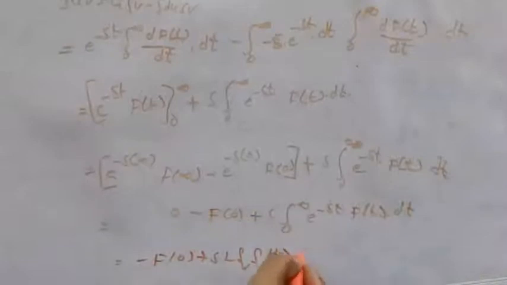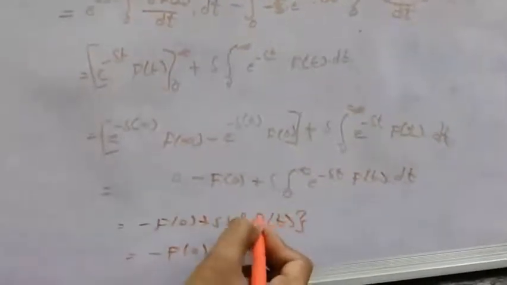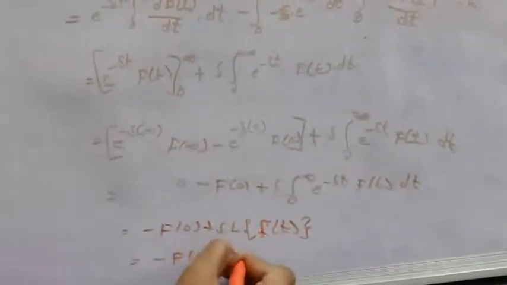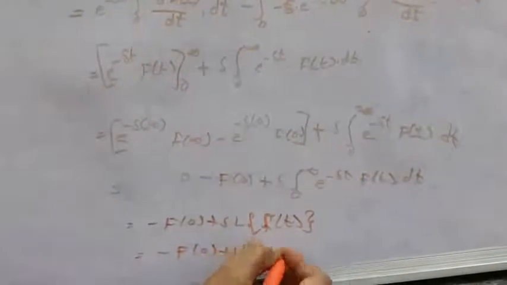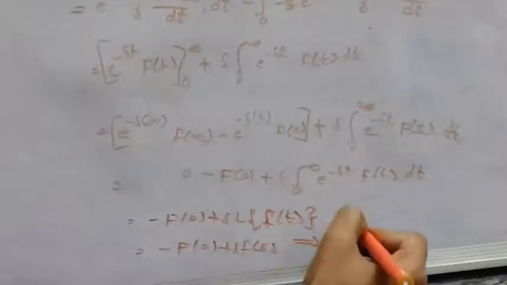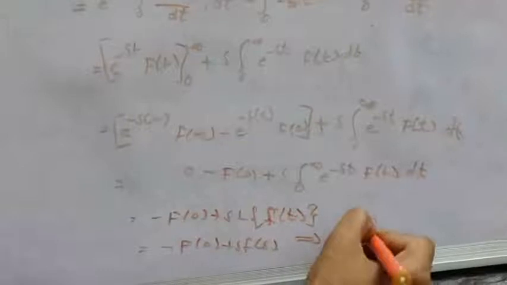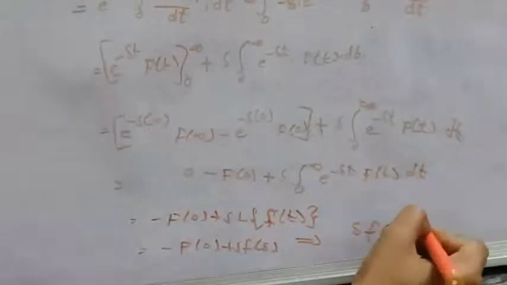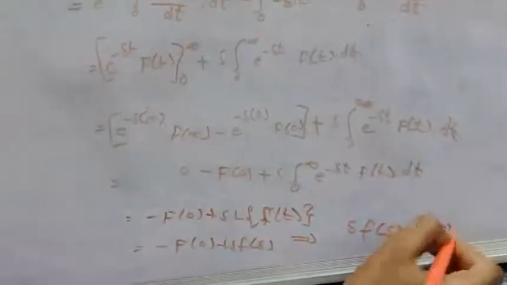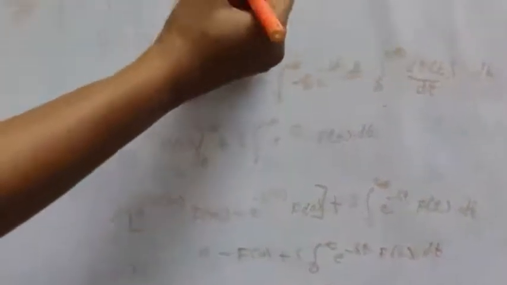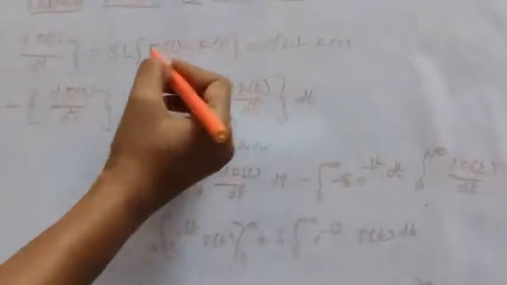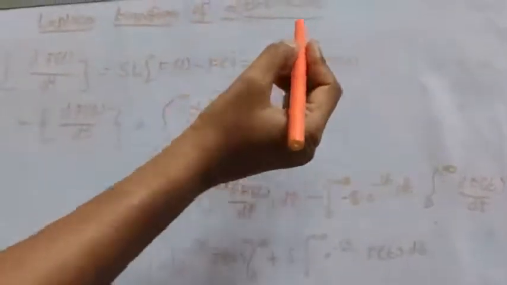So you can write it as minus f of 0 plus s, where L of f of t can be written in lower case as f of s. Hence we can write it as s into f of s minus f of 0. Hence we have proved this Laplace transform of derivative. We have considered the LHS.